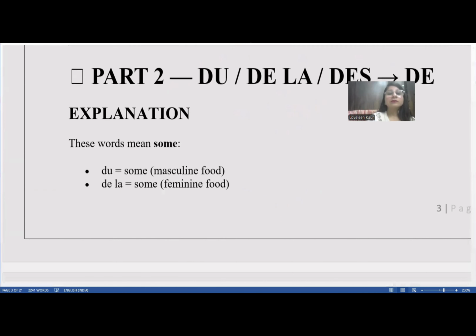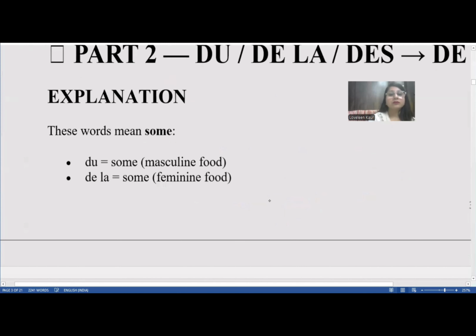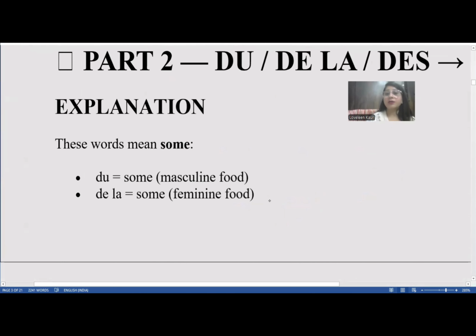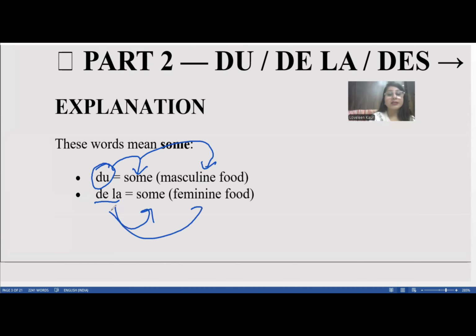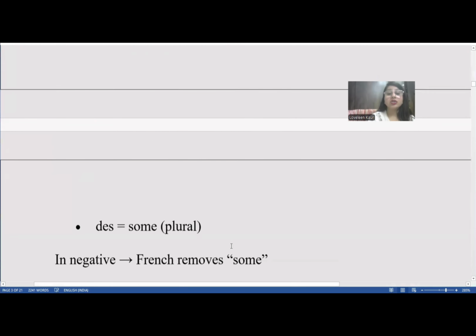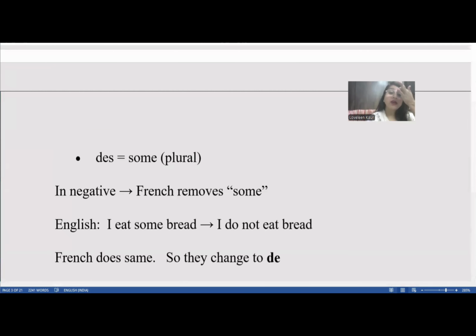Let's see. I already mentioned this thing. Most of the time we use partitive articles with food products because we are showing the quantity, right? So the way I just mentioned, du means some, and that is for masculine food. De la means again some, and we use it in front of feminine food, whenever the quantity is non-specific. And des means again some, and this we use with plural things.